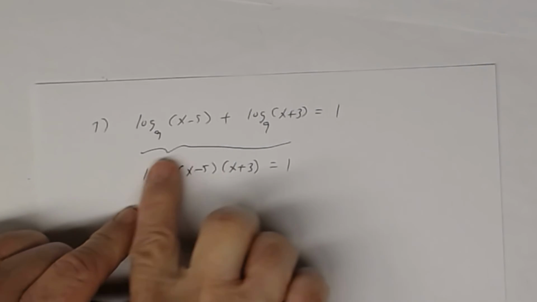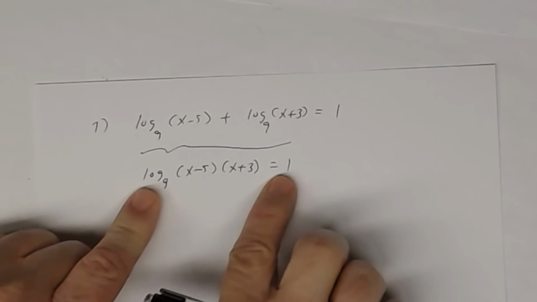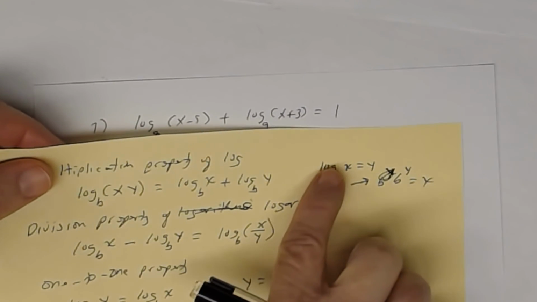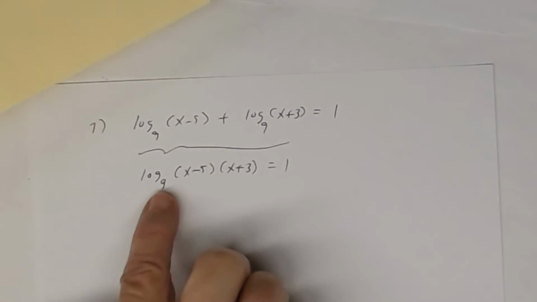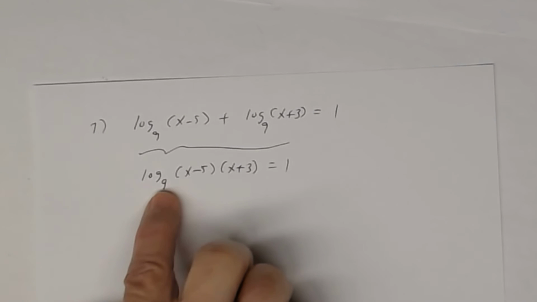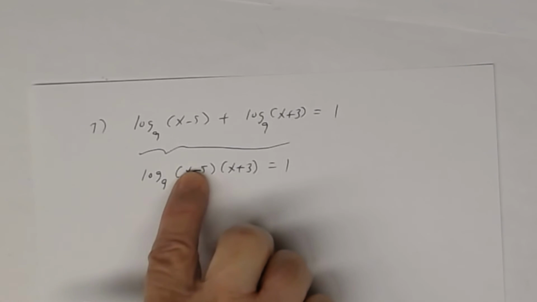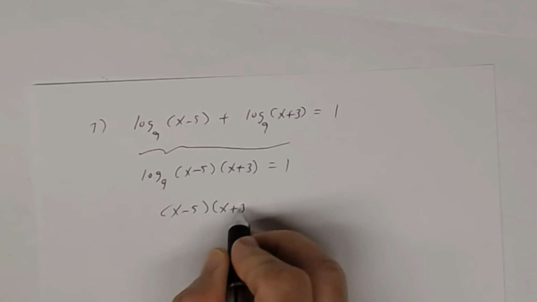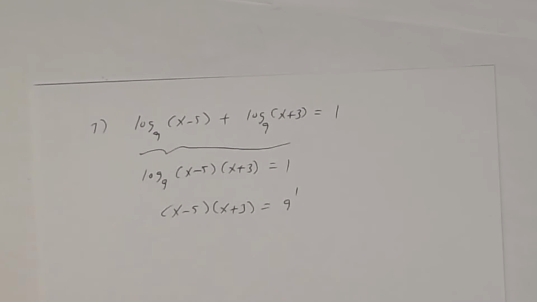Notice you only have one log term. You don't have a log on this side, so you are going to have to change this log equation to an exponential. So 9 to the first equals this product. So x minus 5 times x plus 3 is equal to 9 to the first.